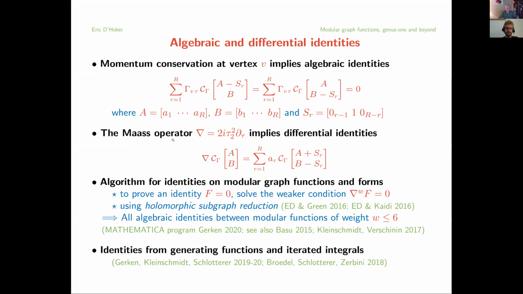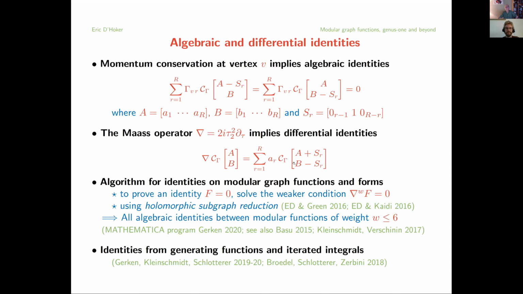So instead of considering the Laplace operator, we can actually consider the mass operator, written out on forms that have vanishing holomorphic modular weight. And this, in fact, you can easily work out and gives you that when you apply the mass operator to one of these functions, it's actually, again, a linear combination of the same type of functions with the same kind of subtractions here.